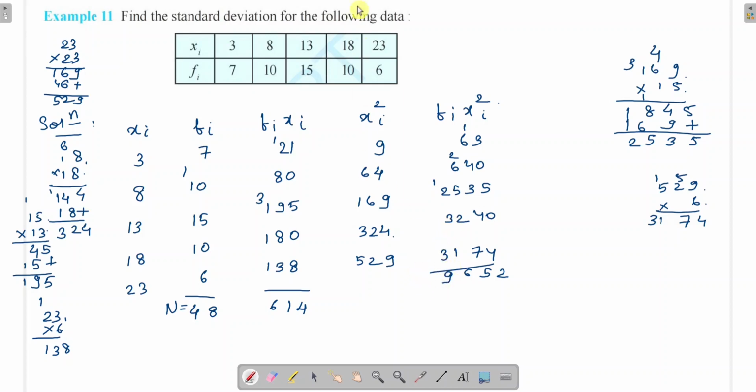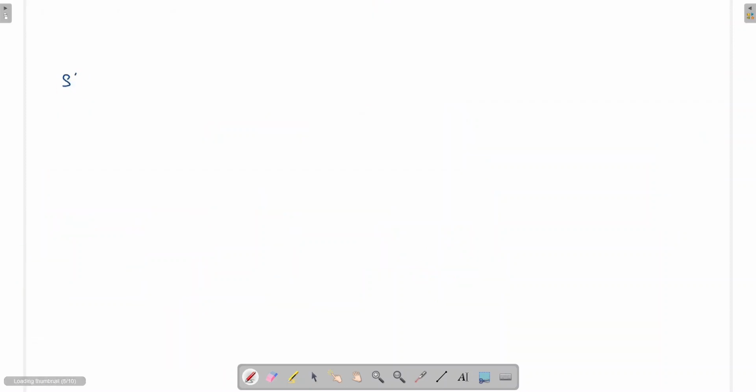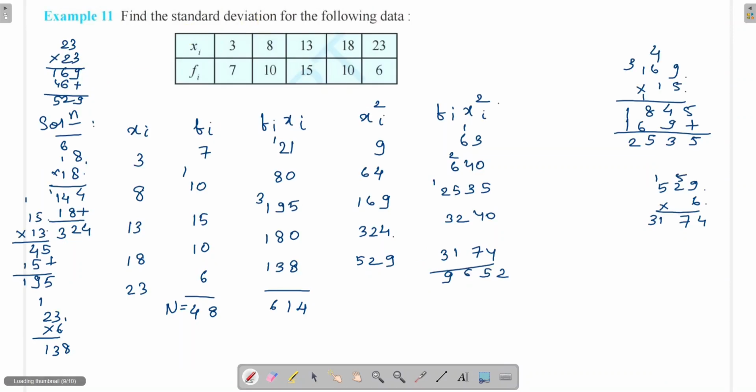Okay, so it is 9652. Now let us calculate the standard deviation directly, because we have to find the standard deviation.